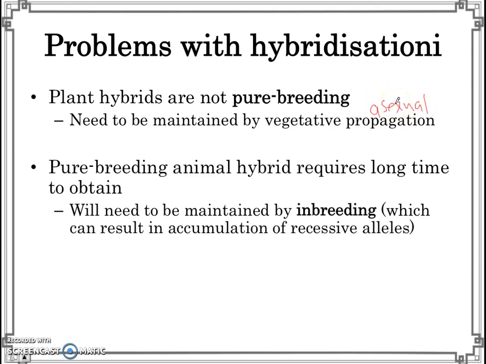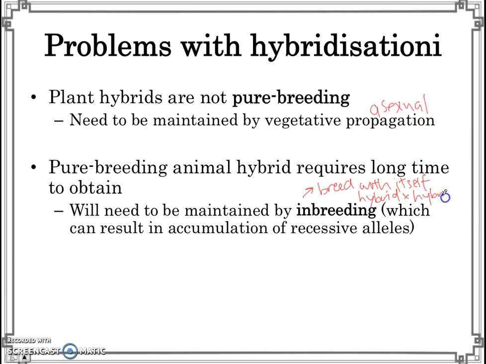Okay, next, if you want a pure breeding animal hybrid, it takes a very long time to obtain. And also, if you want to maintain a hybrid, for example, that Jersey cow, that cow that produces good milk in a warm climate, you will need to do it by inbreeding. That means that you have to breed it with itself. So inbreeding just means breed with itself. So hybrid, breed with hybrid.